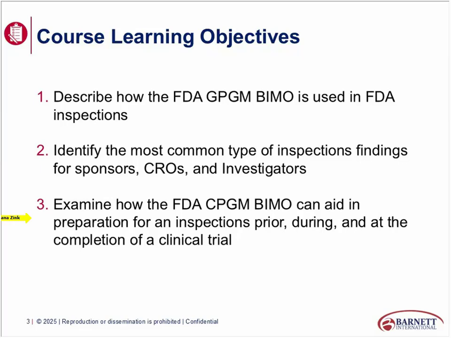And then the last thing is to look at how the BIMO program can aid in preparation for an inspection prior to, during, and at the completion of a clinical trial. Of course, the key to success really is preparation, and we want to use this BIMO program from the very beginning of our clinical studies, quite frankly, before we're even putting our SOPs and our protocols and our other plans in place.